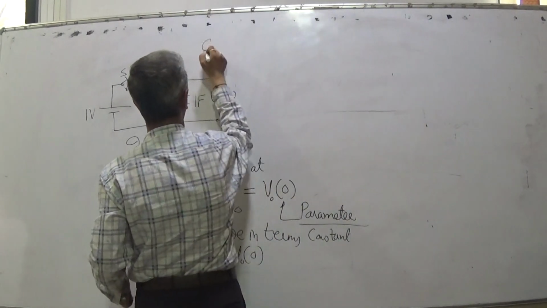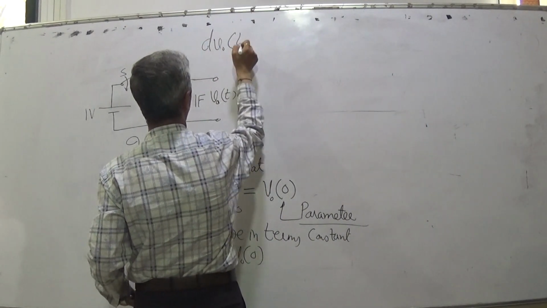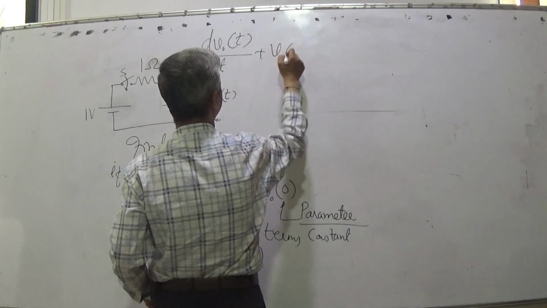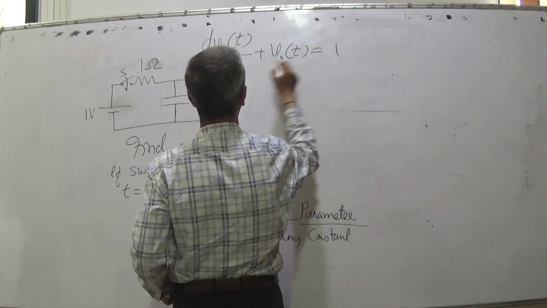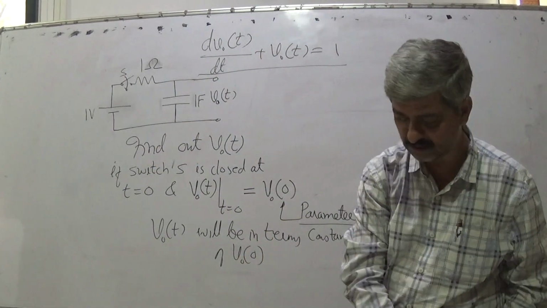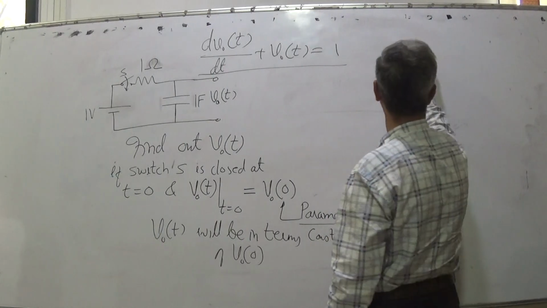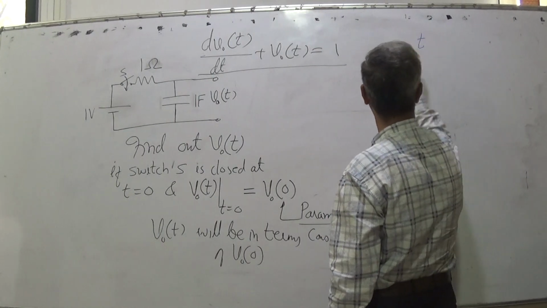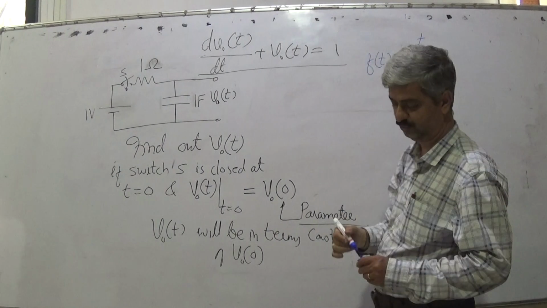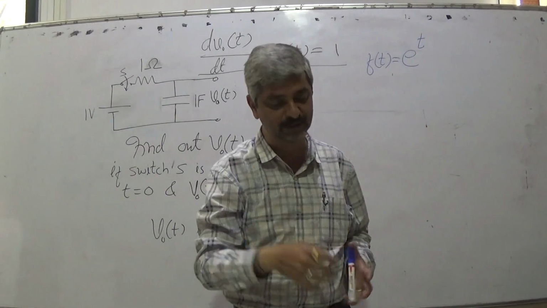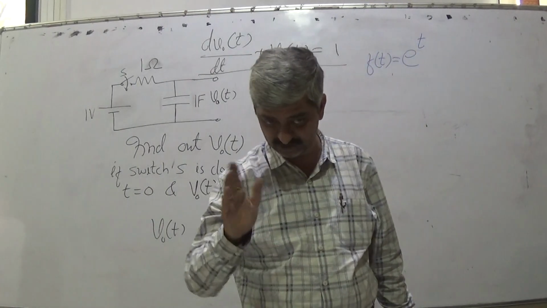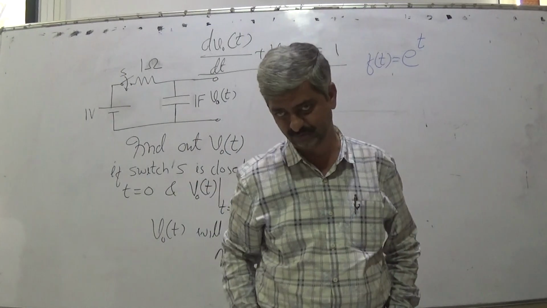So the equation to be solved is dVOT upon dt plus VOT is equal to 1. How to solve now? You must have heard of a function e raised to t. If f of t is equal to e raised to t, what is the peculiarity of this function? Right now we skip some details, sometime later I will interact with you.